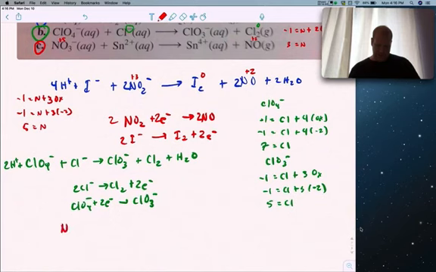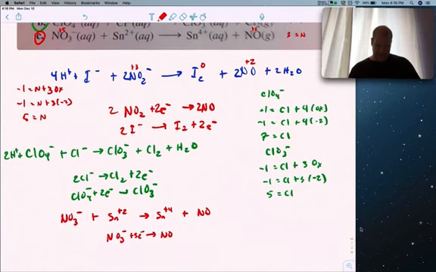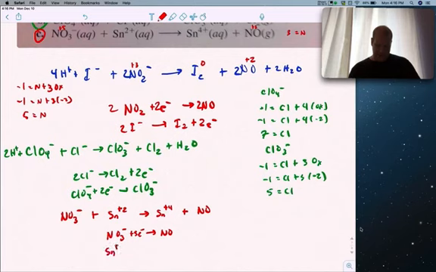So we have NO3 minus going to NO, so we need 3 electrons for that, right? Plus 5 to plus 2. And then 2I minus goes to I2 plus 2 electrons.